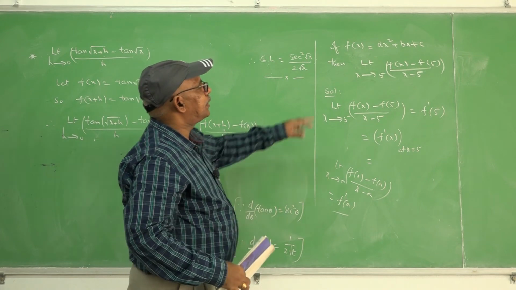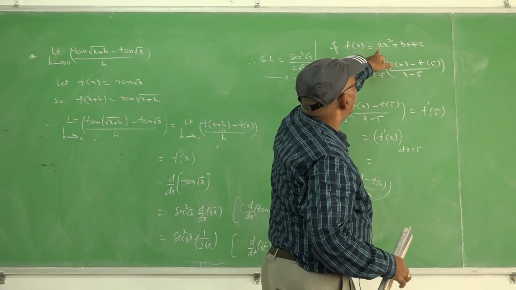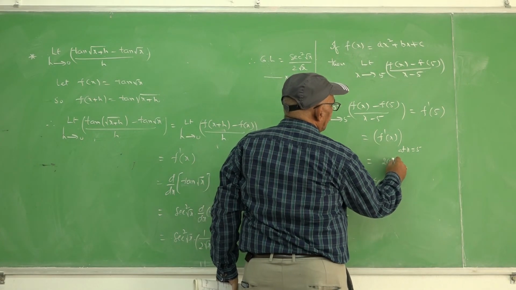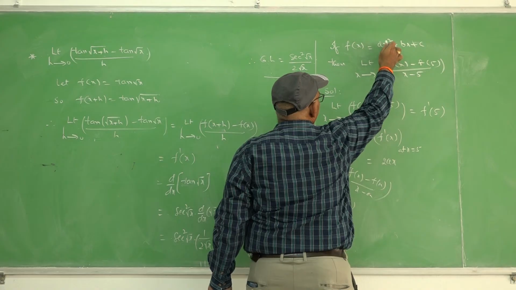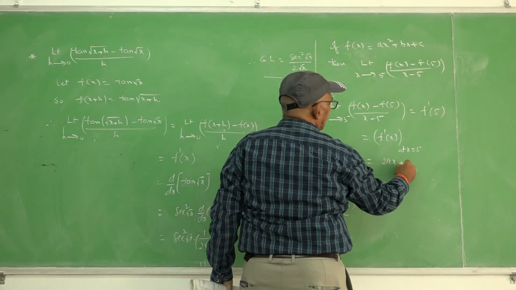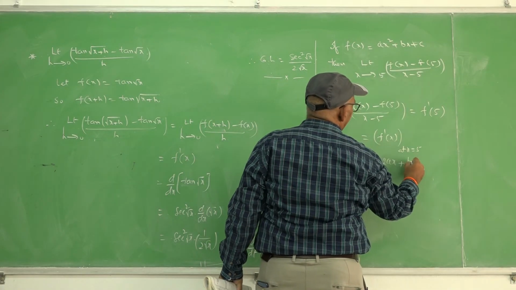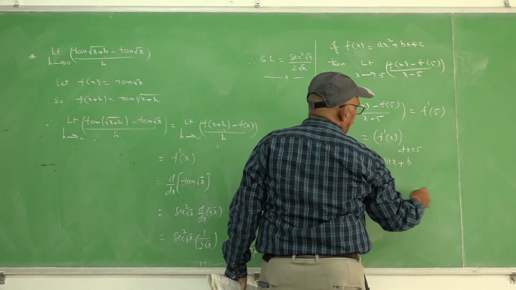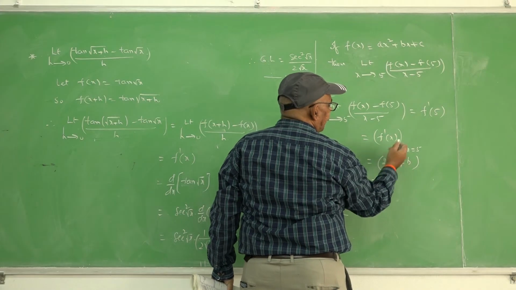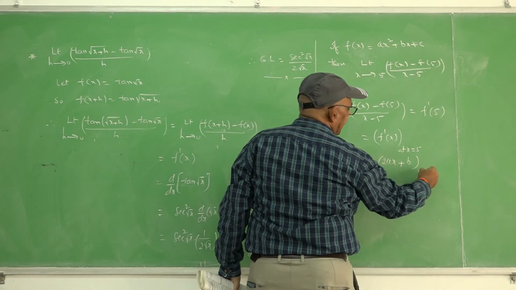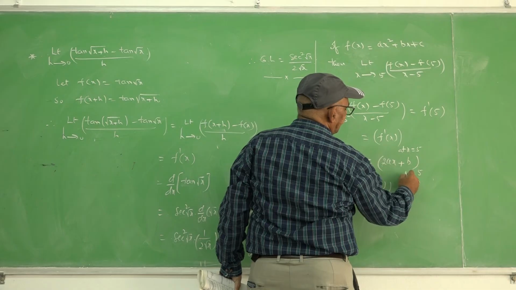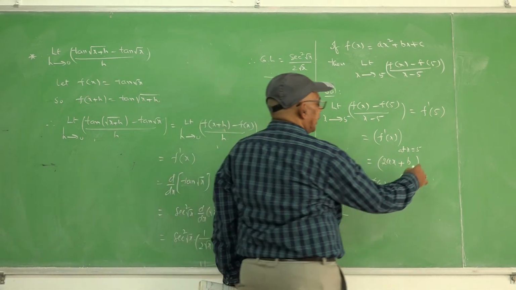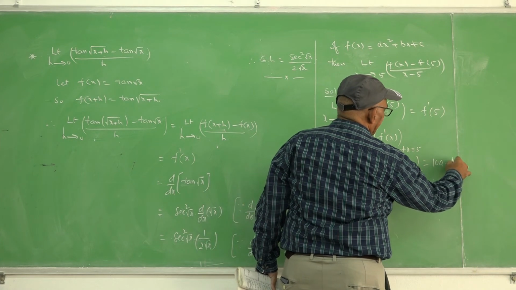f dash x means taking the derivative of the function. So we get 2ax, for ax square the derivative is 2ax, plus for bx the derivative is b, because the derivative of x is 1 and the derivative of a constant is 0. So the derivative of the function is 2ax plus b at x equal to 5. Taking x equal to 5 in this one, we get 10a plus b.